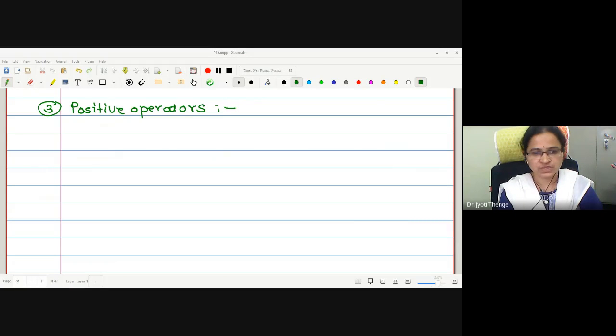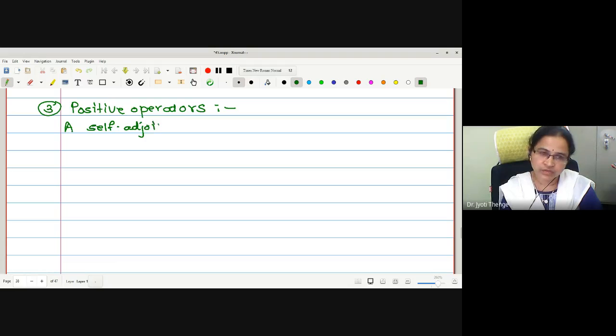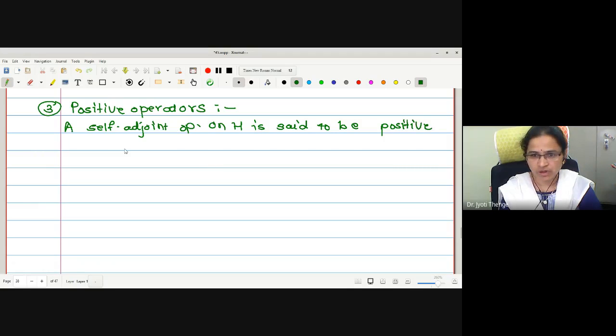The definition: a self-adjoint operator A on H is said to be positive if A is greater or equal to 0 in the order relation.